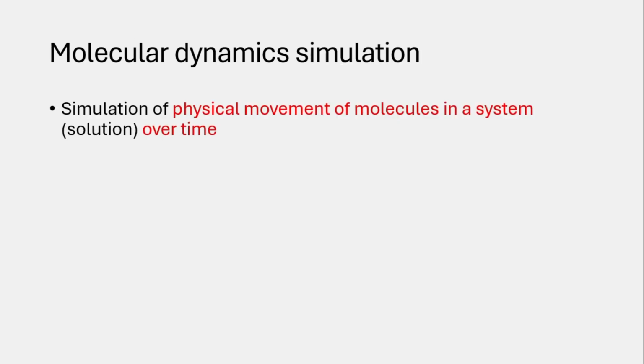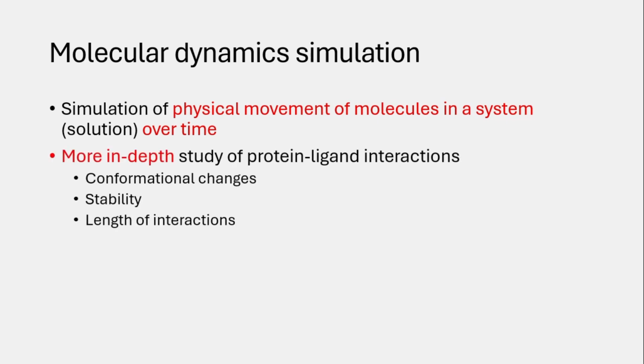Now, molecular dynamics simulation is a simulation of the physical movement of molecules within a system, such as a solution, over a particular time period. Molecular dynamics simulation is a much more in-depth analysis of protein-ligand interactions. When we're talking about molecular docking, we're analyzing the basic interaction between a small molecule or ligand and the receptor and nothing else.